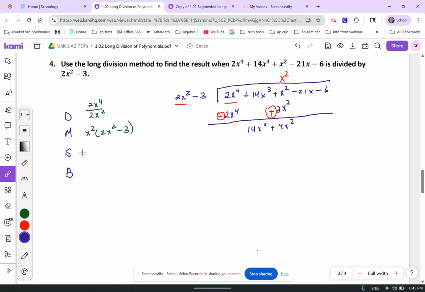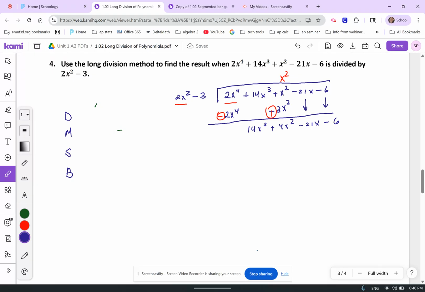And now we're up to the bring down stage where we bring down the other two terms. And we repeat the process because x cubed has a higher exponent than x squared. So we're going to start the same process as we did before.